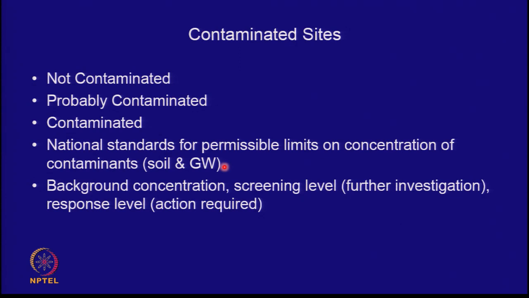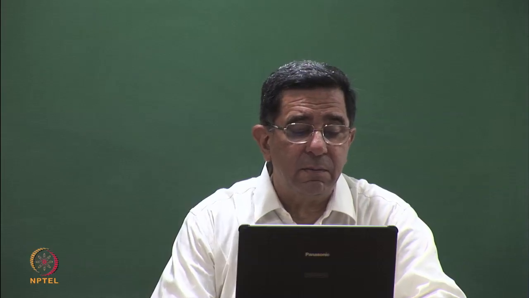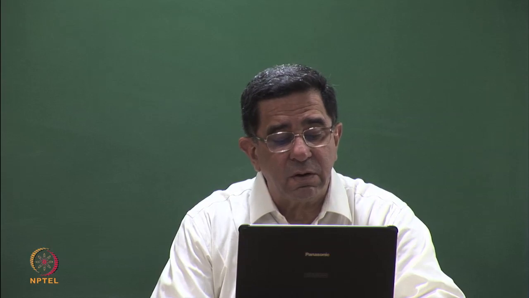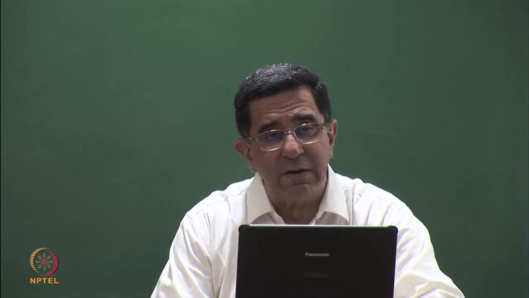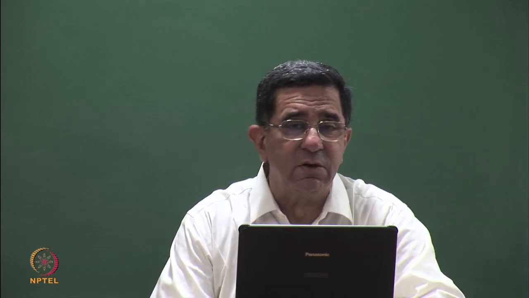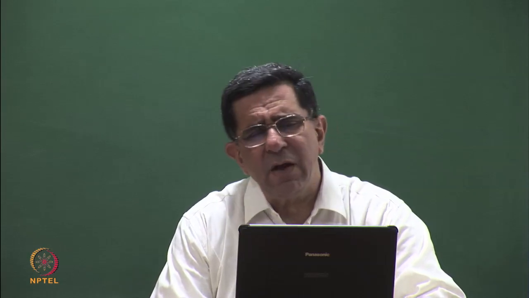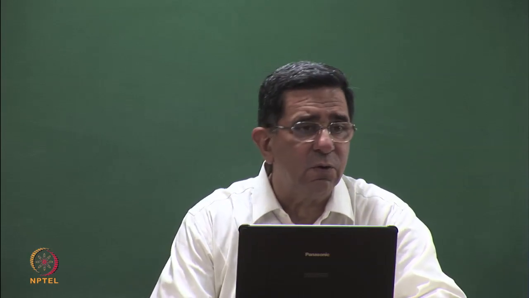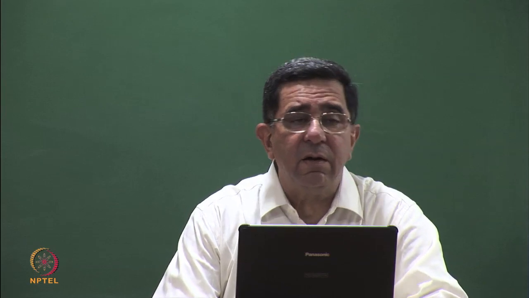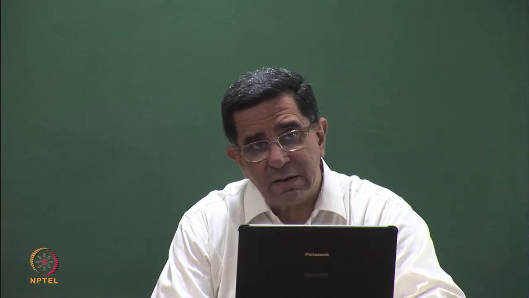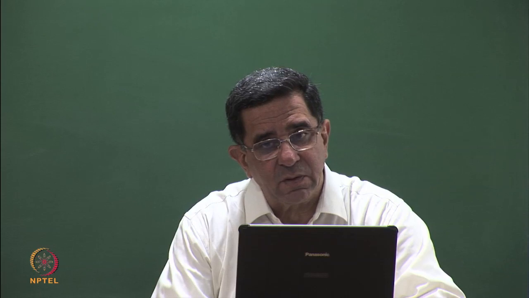And you have to compare the existing levels of the contaminant with respect to the permissible limits. India does not have soil standards today. And the process of coming up with national standards for soil contaminants is currently underway in the Ministry of Environment and Forests. But we have other country standards. So if you don't have data from India, you can look at standards from other countries.